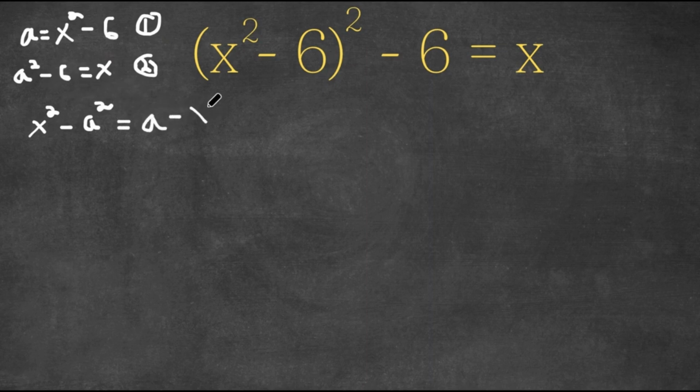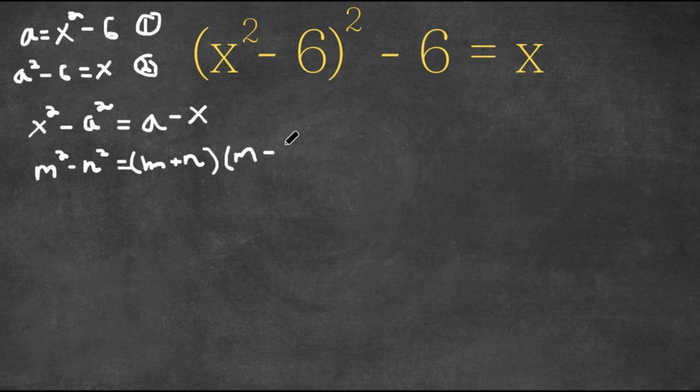So x squared minus a squared is equal to a minus x. If we have something in the form m squared minus n squared, this can also be written as m plus n times m minus n.